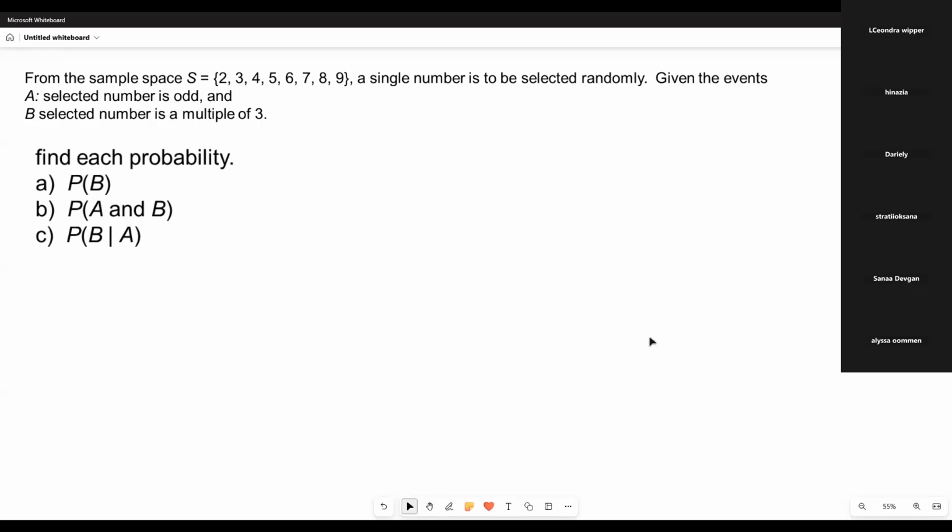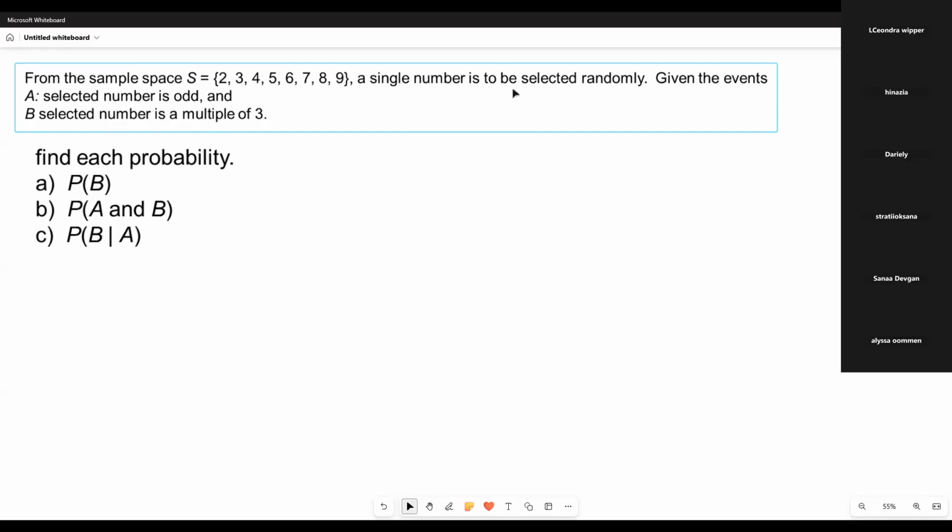From the sample space S, copy 2, 3, 4, 5, 6, 7, 8, and 9. A single number is to be selected randomly.